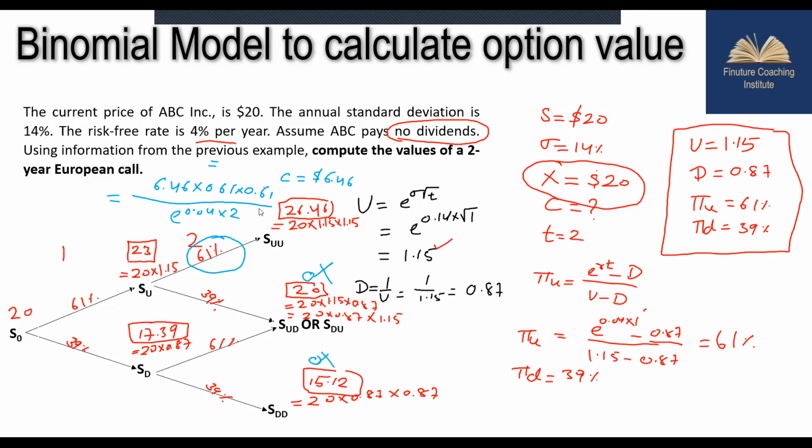It will come around to $2.21. So the call price today with these details is $2.21. Similarly, in the FRM exam, you can be asked to calculate the price of the put option from this information. You can use put-call parity and calculate the price of the put option as well.